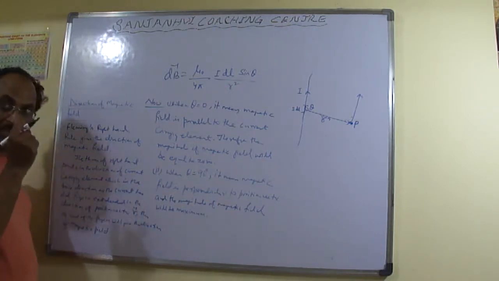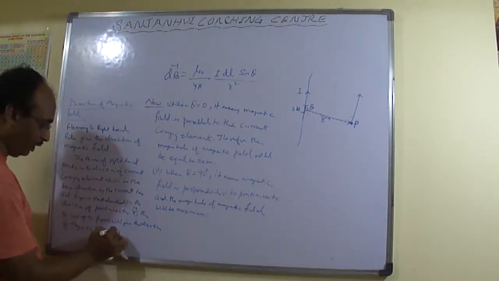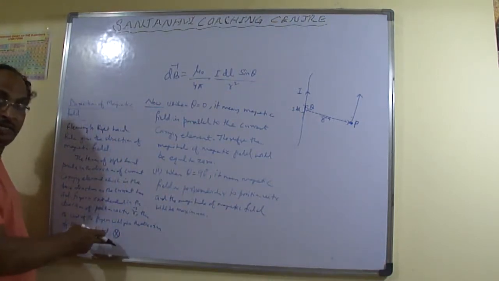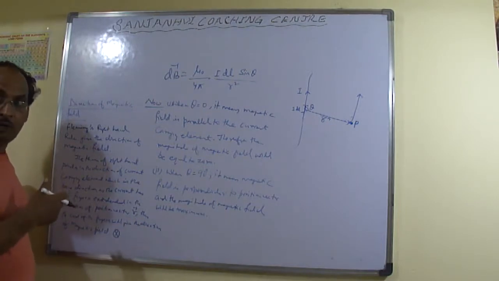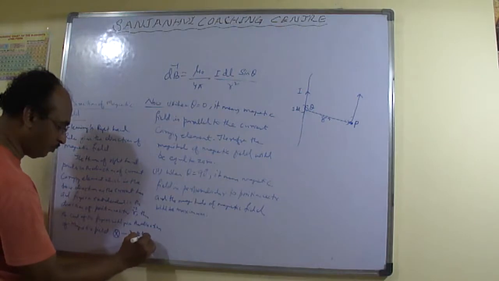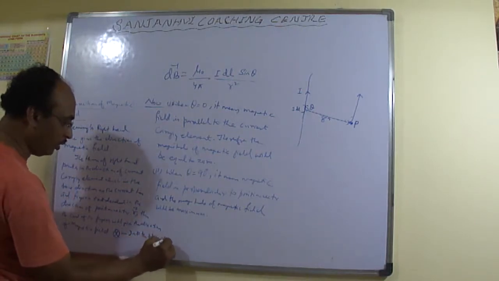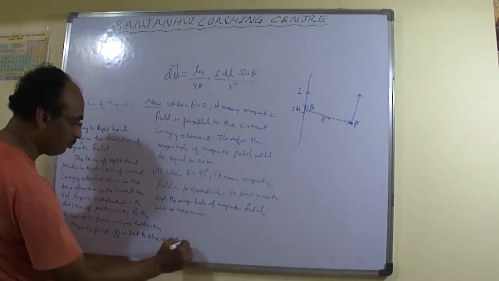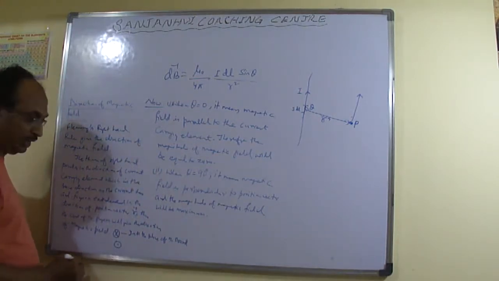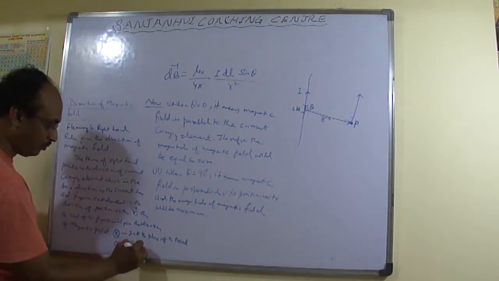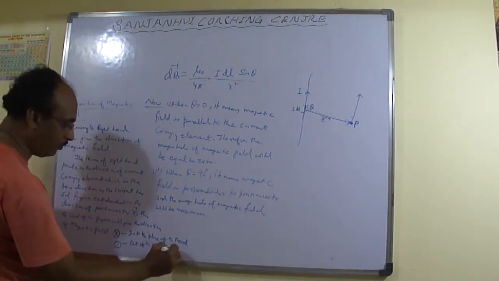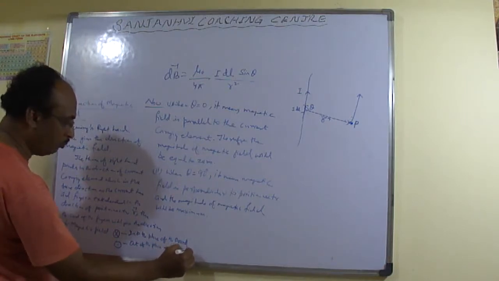Generally, what notation is used: if it is written as a cross, it means it is pointing into the plane of the board. And if simply only a dot is given, then it is out of the plane of the board.